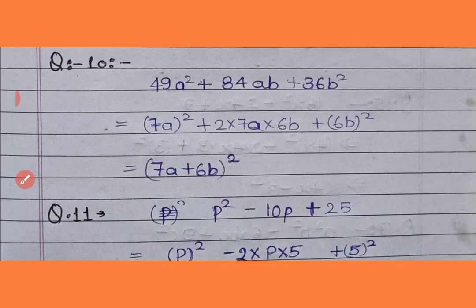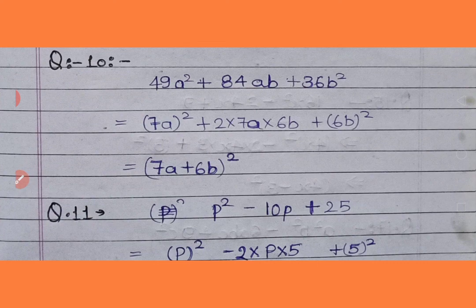Next question is given. It is a very easy question. 49a square, 36b square and plus 84ab. Everywhere is plus.